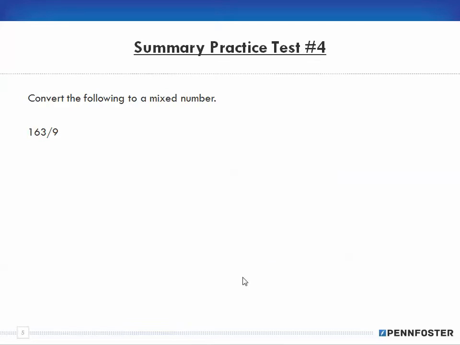Summary practice test 4. Question number 4, convert the following to a mixed number. 163 over 9. Again, when you're talking about fractions, the fraction bar represents division.